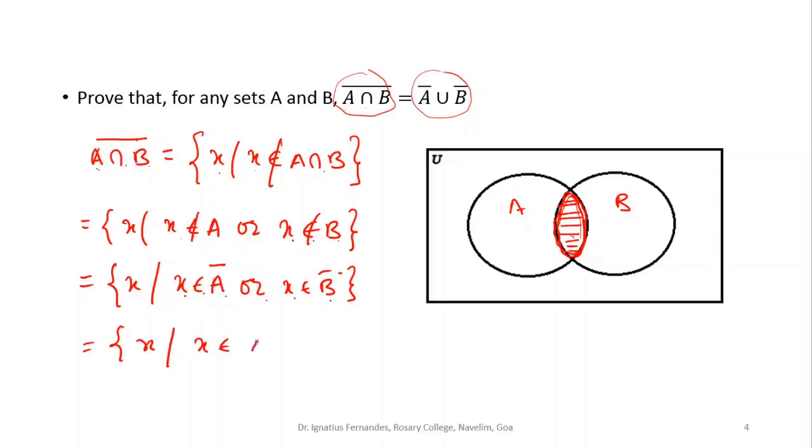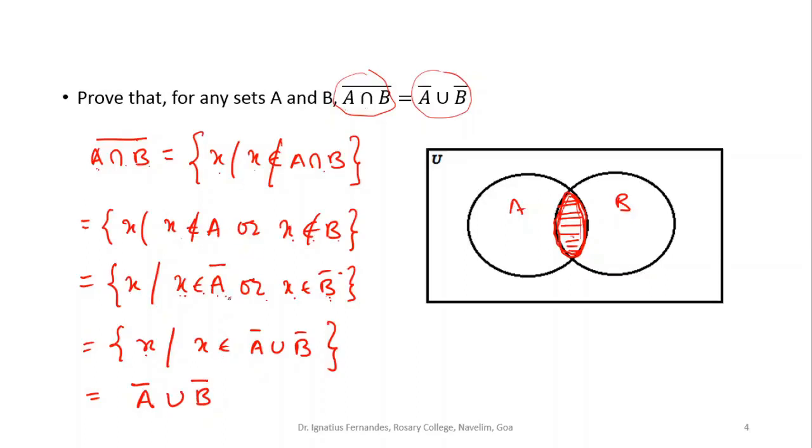So I can say that x is in A complement union B complement. If I take the union of A complement and B complement, x is in one of the sets, so x will always be there in their union. So these are all x in the set A complement union B complement.